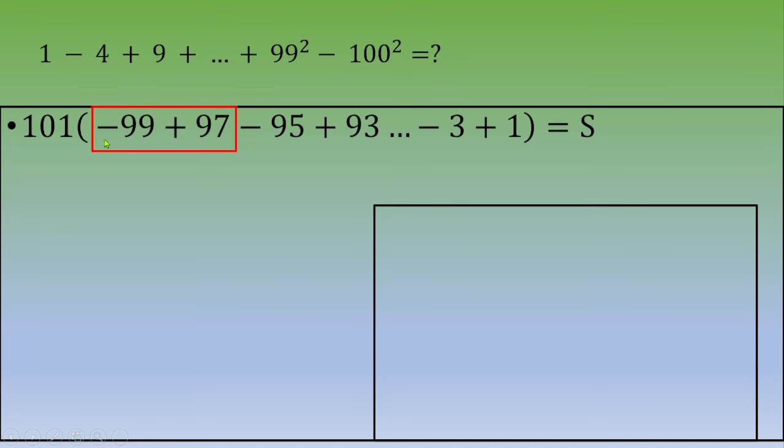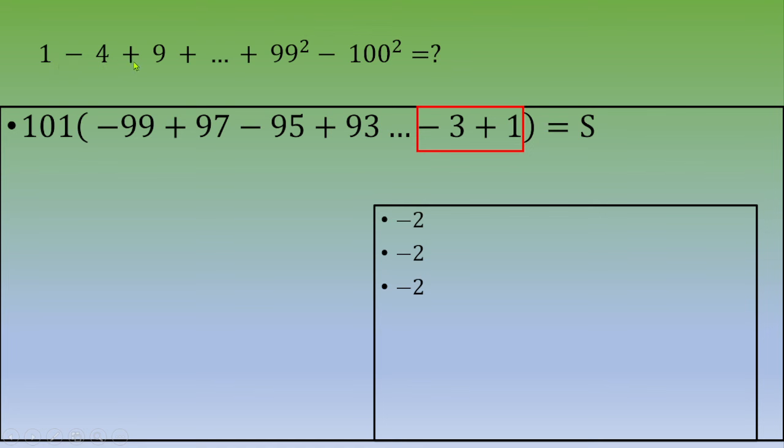Let's add the first 2 numbers: negative 99 plus 97, you end up with negative 2. If you add these 2 numbers, negative 95 plus 93, you end up with negative 2. All the way down to negative 3 plus 1.